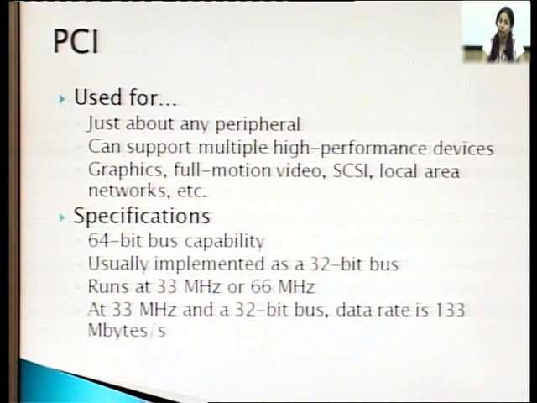In the earlier 16-bit ISA slots we discussed, the maximum speed is 15.9 megahertz, but in the case of PCI we have a speed of 33 megahertz or 66 megahertz. At 33 megahertz we have a 32-bit bus and the data rate is 133 megabytes per second, which is very high compared with ISA slots.